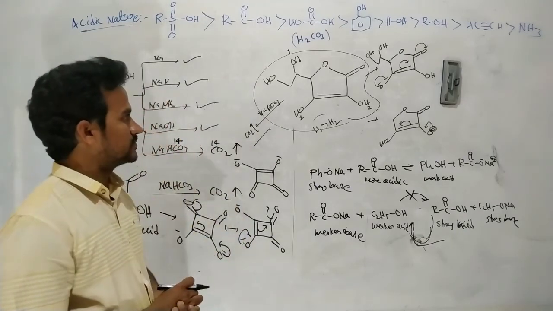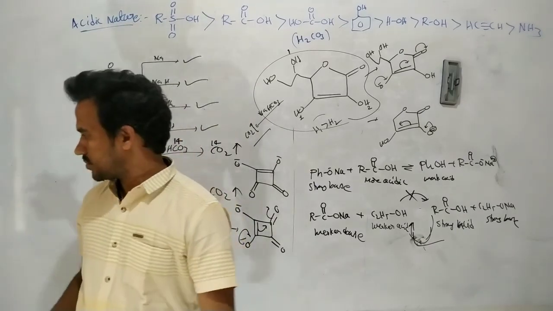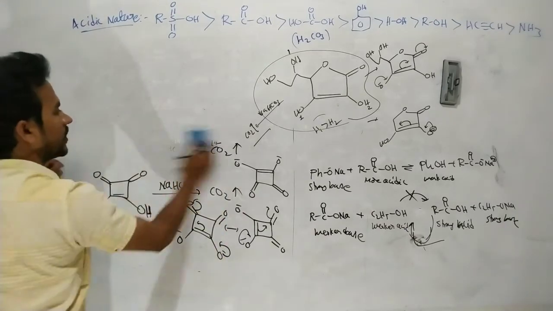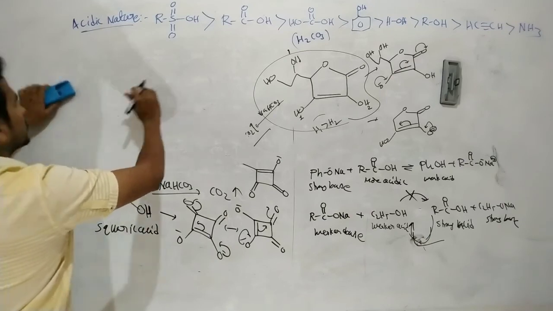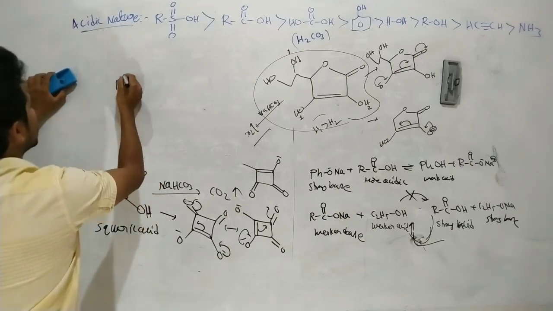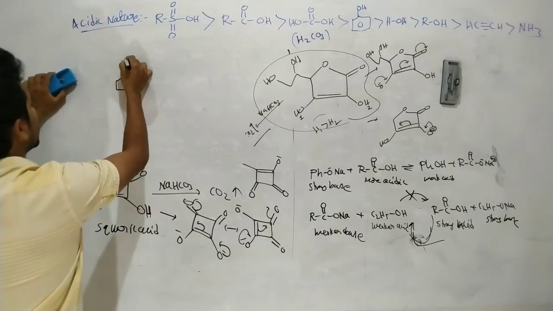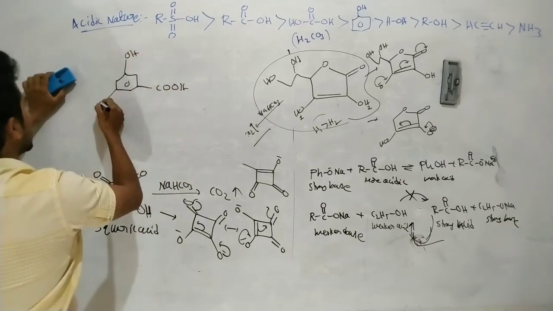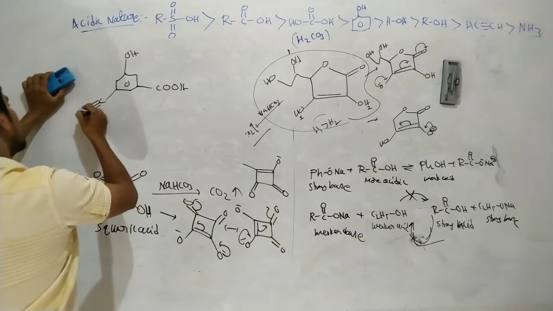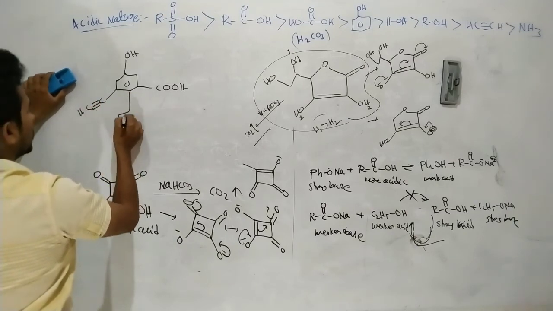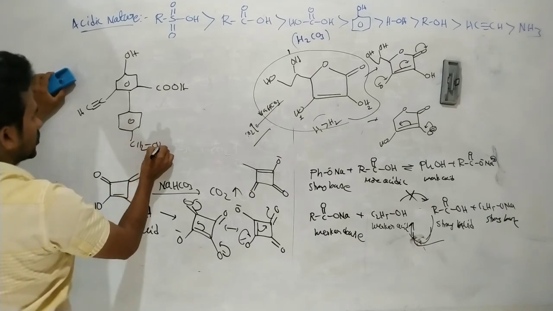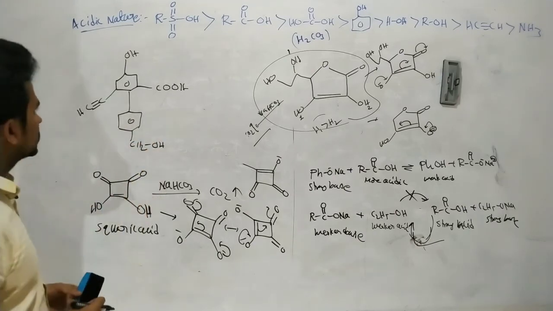One more, from the previous question, let us discuss and finish with this one. Suppose I am taking this compound: here OH, a carboxylic acid group, and a C triple bond CH, and one more group here, CH2OH.